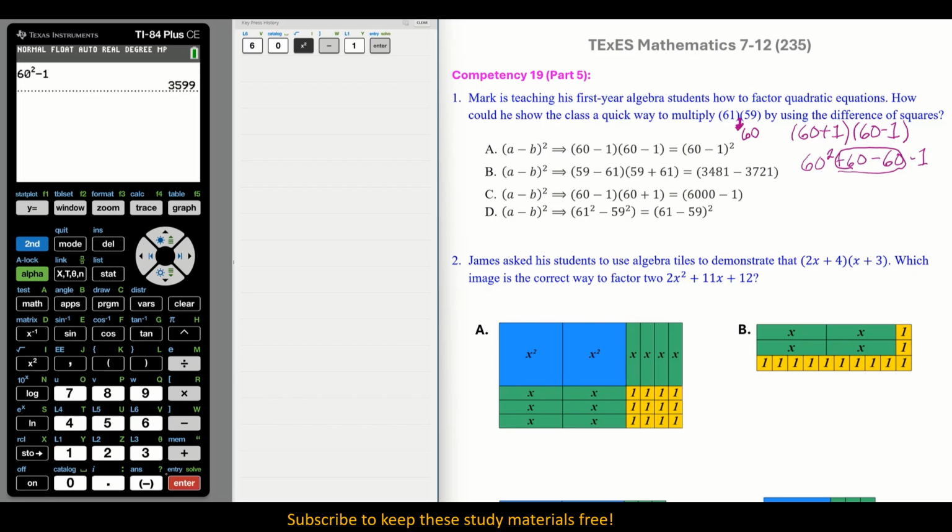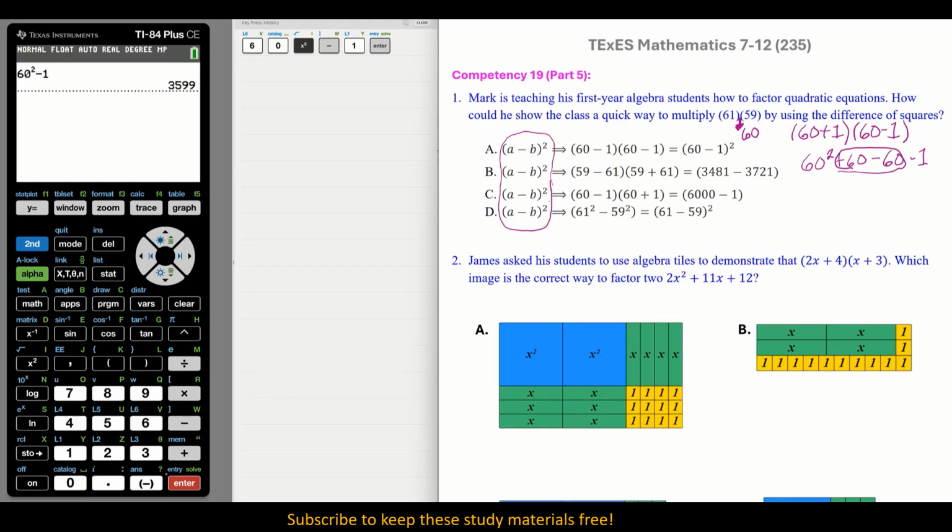And I don't know, in my opinion, if that's actually easier. I guess it is easier for a student if they're doing it by hand. It doesn't make sense exactly to all students with the actual difference of squares equation.